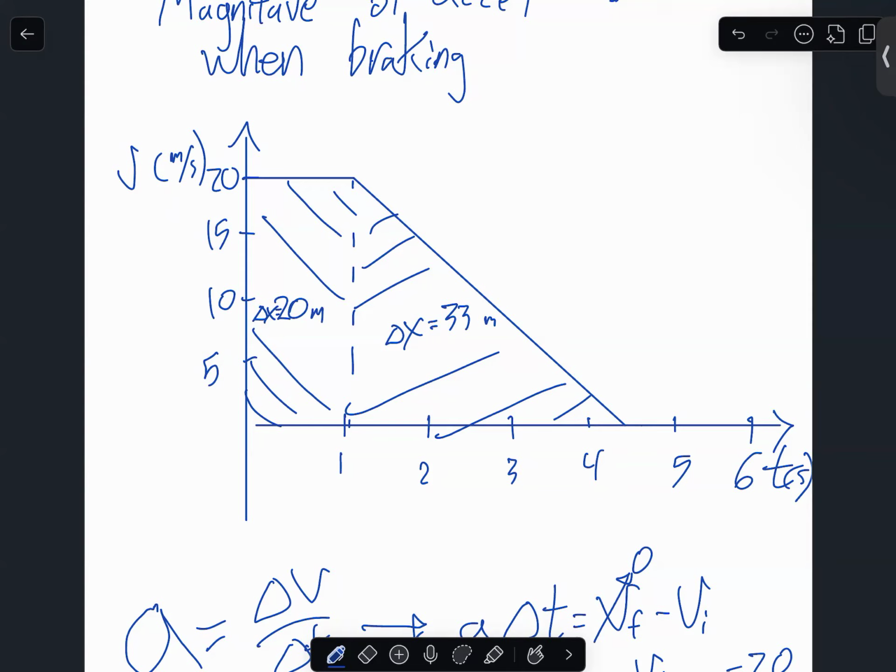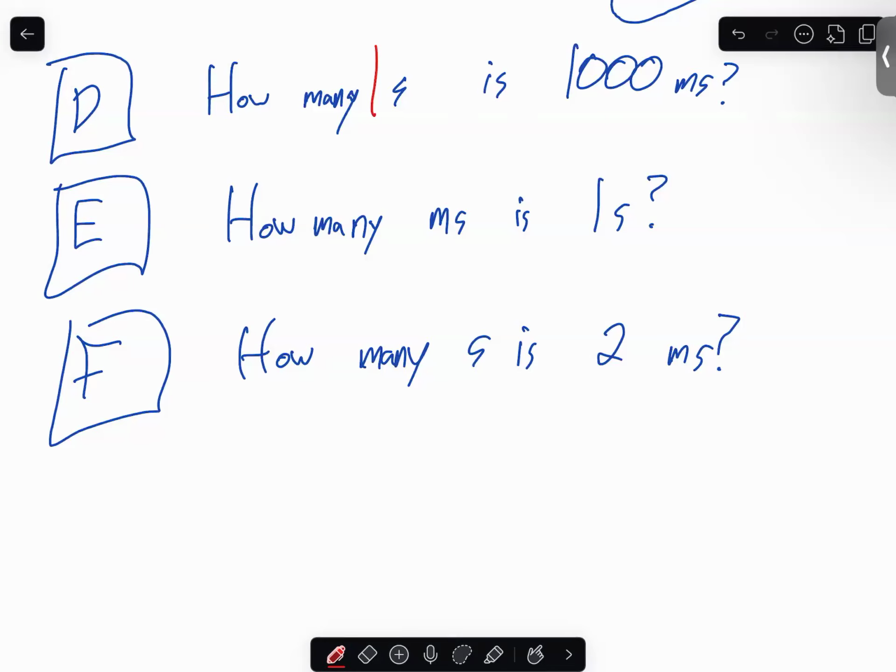Milli means thousandth. If I have 1,000 thousandths, how many things do I have? 1,000 divided by 1,000 pieces is 1. If I have 1 unit, how many thousandths of a unit do I have?